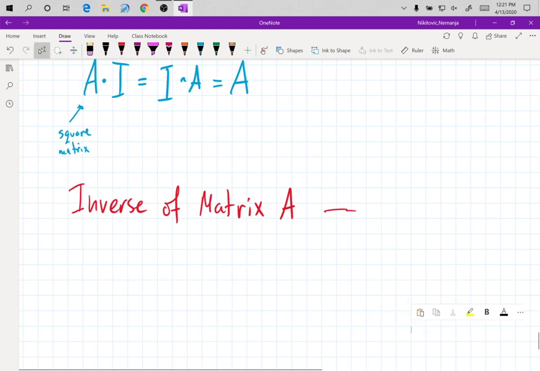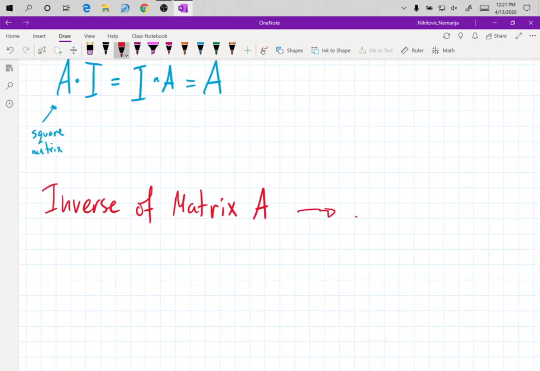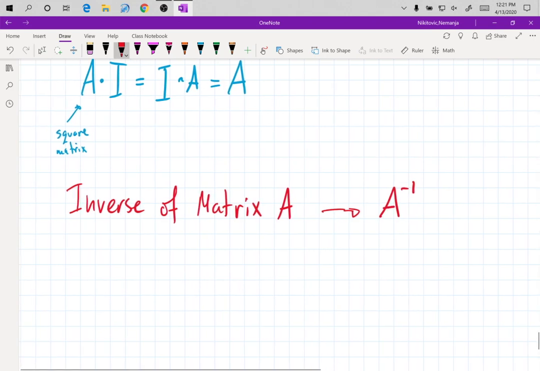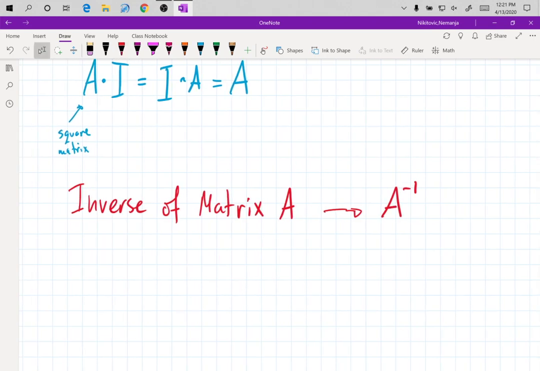And that is going to be matrix A to the minus 1. So now we'll deal with how we get it. Don't panic there. We'll just need to write that A times A inverse is the same as A inverse times A. It's going to be I.